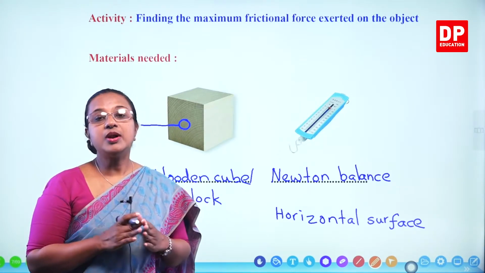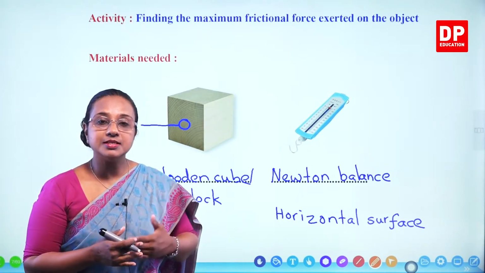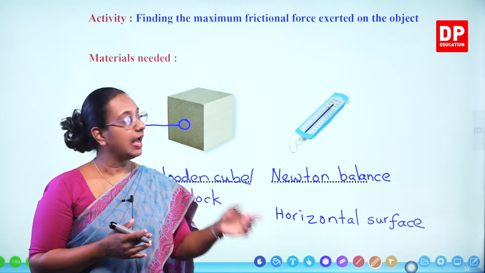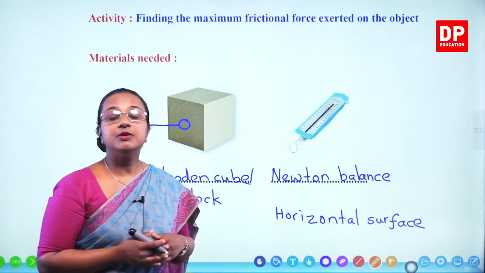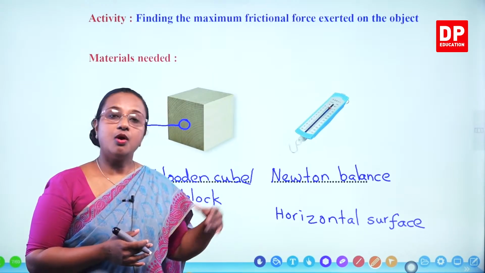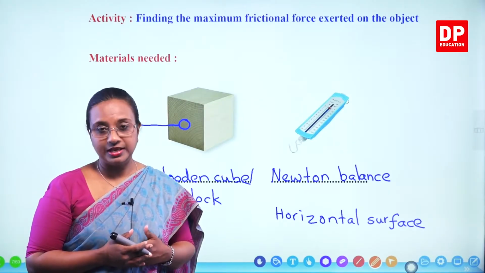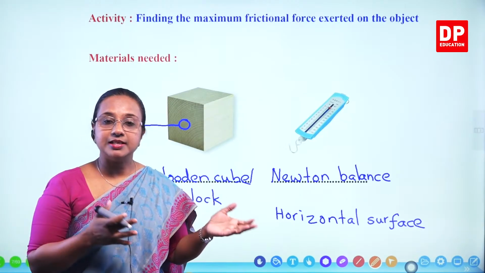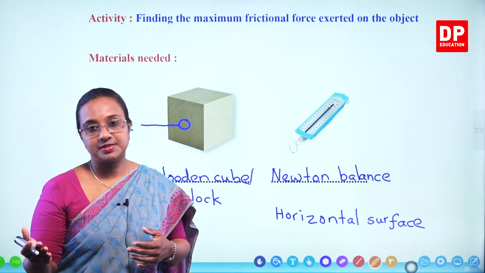So we keep on increasing the force until the block just starts to move. And then at that moment, you can get the Newton balance reading. Or if you are using a spring balance, you can get that reading in grams. You can either get the reading in newtons or in grams.